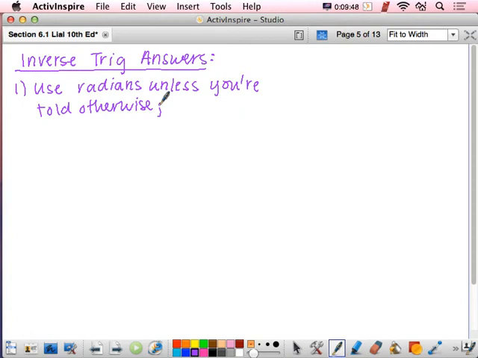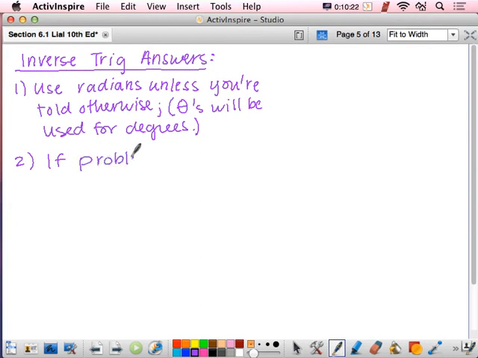But if they use thetas, they usually want degrees. If the original problem has a positive function value, you just give your answer from quadrant 1, no questions asked, regardless of what trig function it is. So if it's positive, you don't worry about it, just give it from quadrant 1.